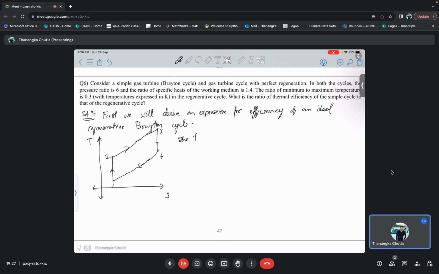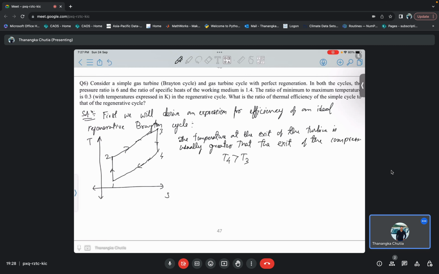The temperature of the exhaust gases at the exit of the turbine is usually greater than the exit of the compressor, or in other words, T4 is usually greater than T3.